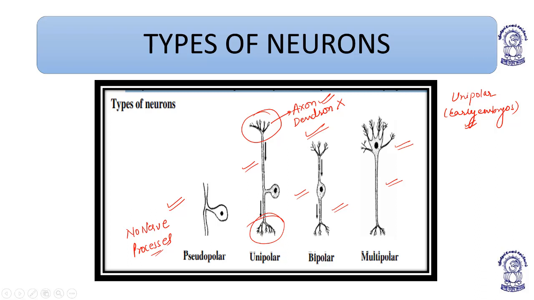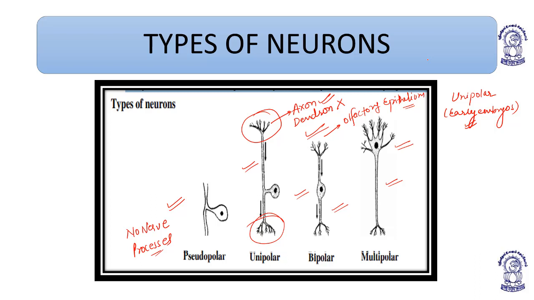Bipolar neurons, when there are two processes, one is the axon and the other one is the dendron. They are found in the olfactory epithelium. They may be isopolar or heteropolar, meaning the dendrons have irregular branches, and on that basis they are given the name isopolar or heteropolar.